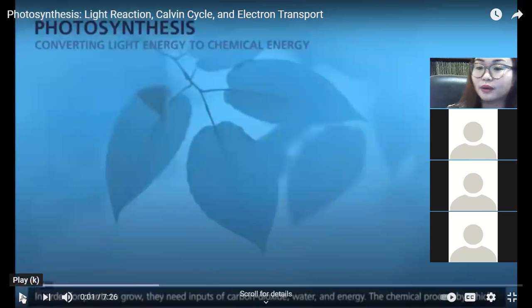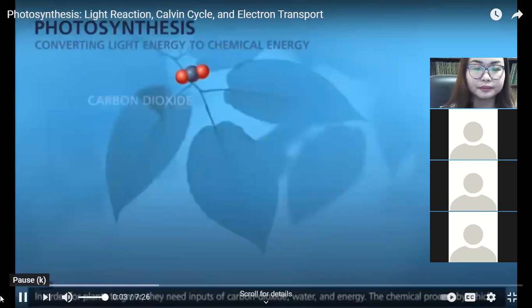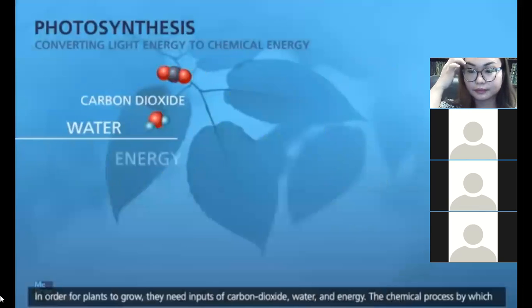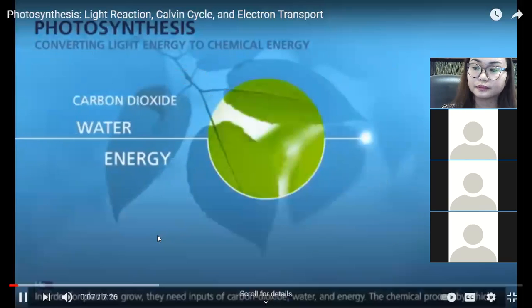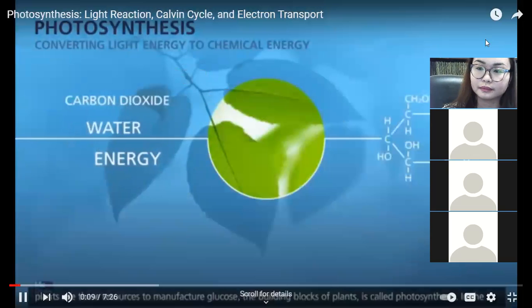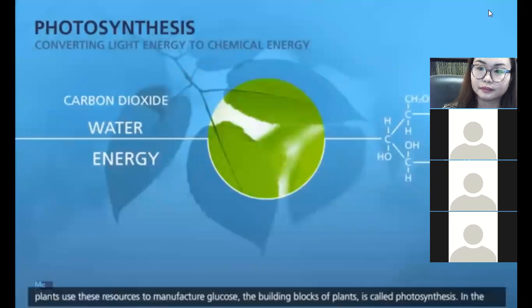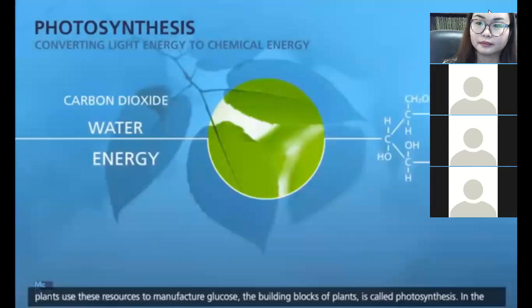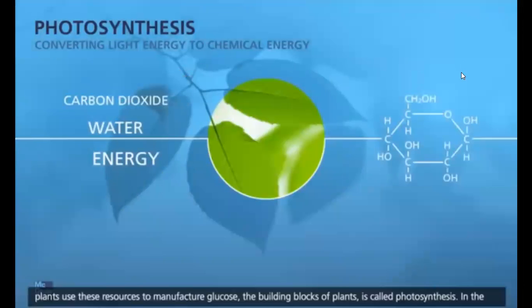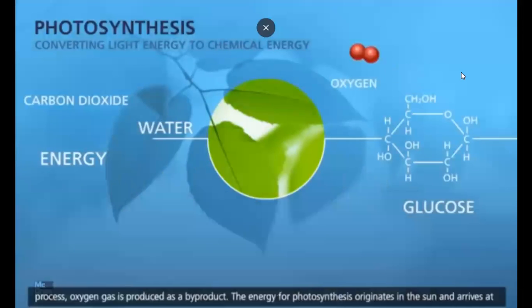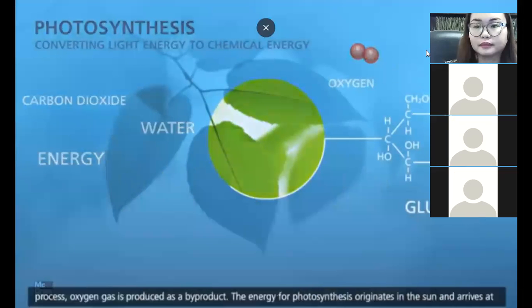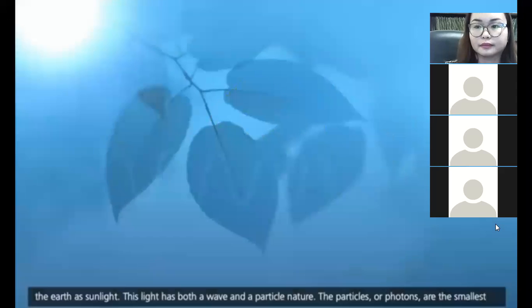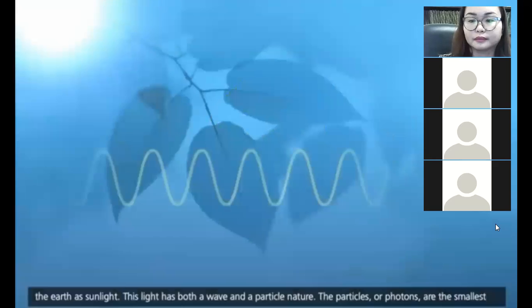They need inputs of carbon dioxide, water, and energy. The chemical process by which plants use these resources to manufacture glucose, the building blocks of plants, is called photosynthesis. In the process, oxygen gas is produced as a byproduct. The energy for photosynthesis originates in the sun and arrives at the earth as sunlight. This light has both a wave and a particle nature.